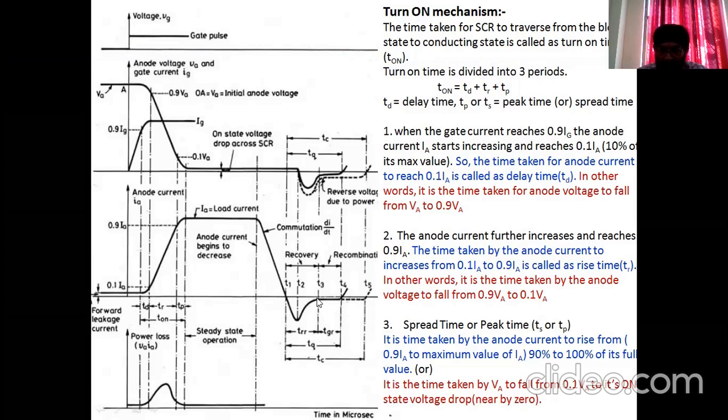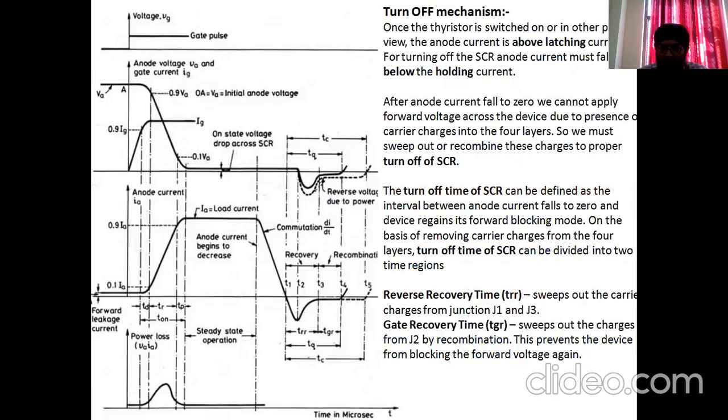So that is the turn off mechanism. After this, it takes some time to remove further charges with recombination from junction 2. These are the sweeping out of the charges.